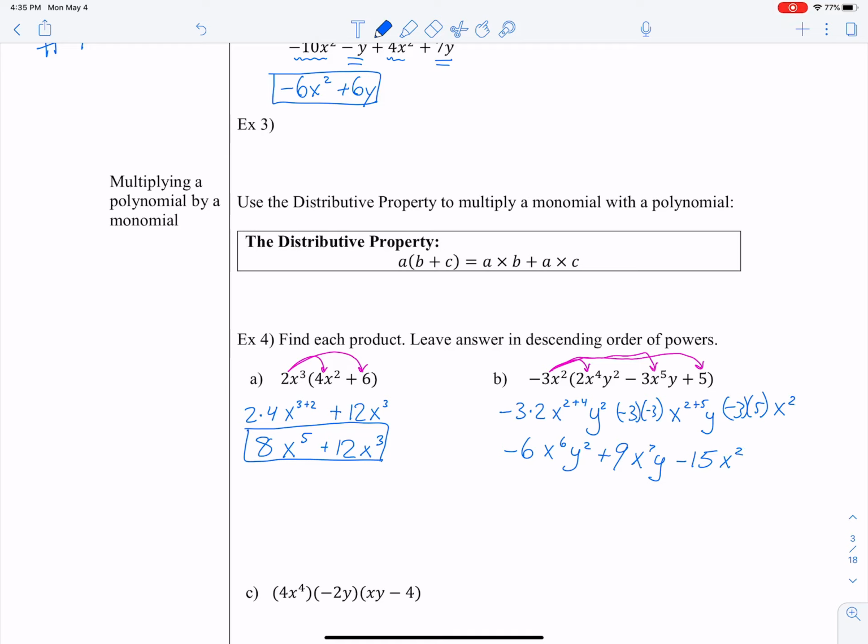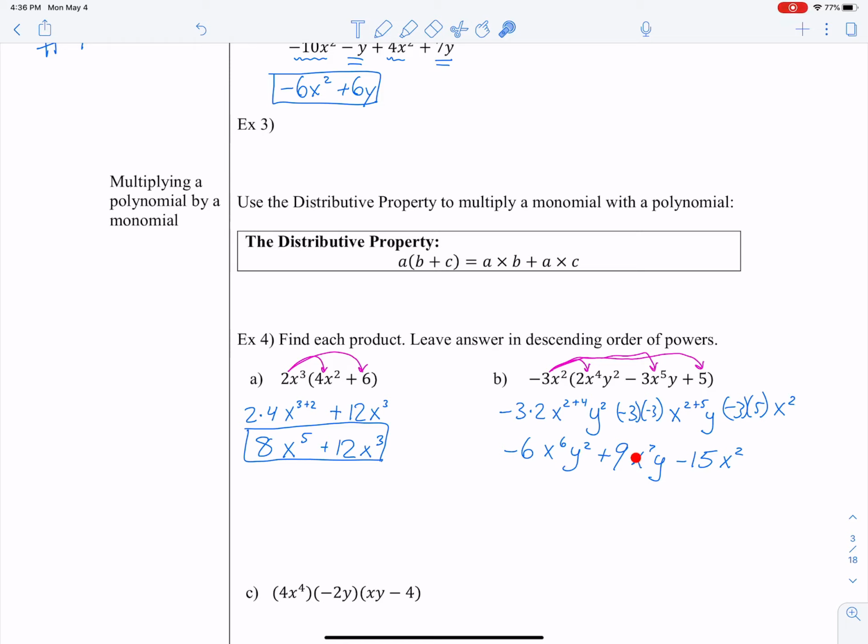So then we need to check to make sure that these are in descending order of power. Now when you have more than one base with a power, what you need to do is add up all the exponents in the term. So here we have x to the 6 and y to the 2. So 6 plus 2 is going to be 8. So for here, the power is 8.